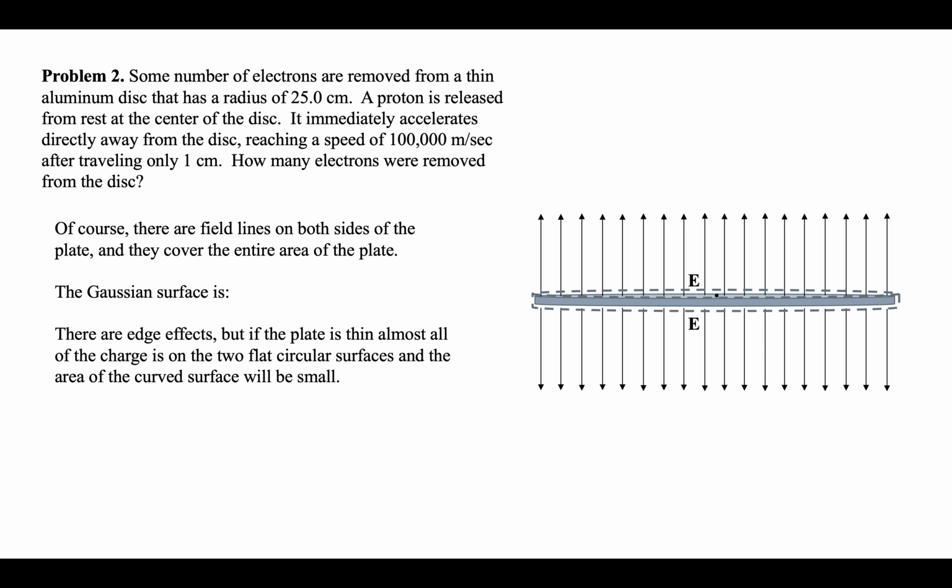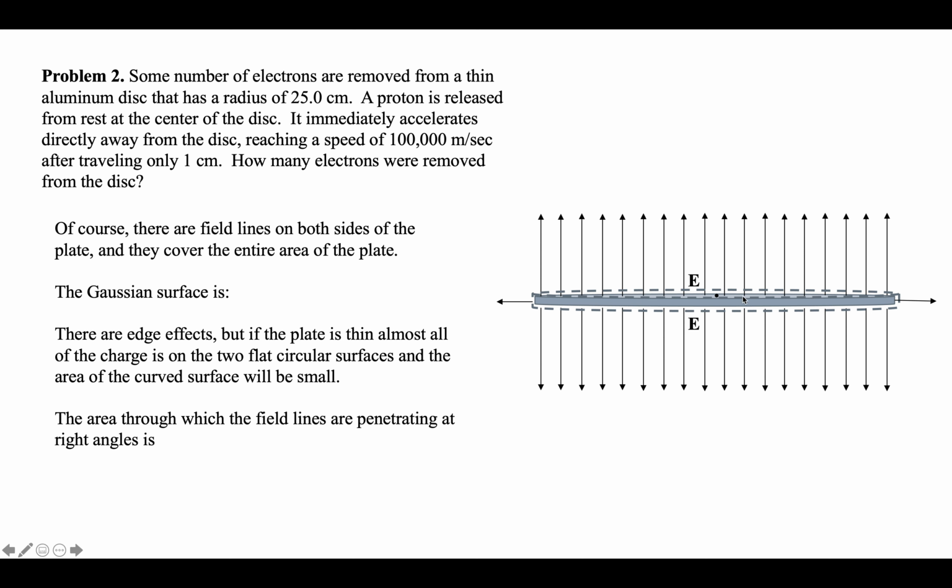There are edge effects. If I stick a proton right here, it's going to accelerate away. There's the field lines at the edge. But it says it's a thin disk. The charge on the curved surface will be small, and the area of the curved surface would be small. So we could ignore it. Remember, these are two disks.